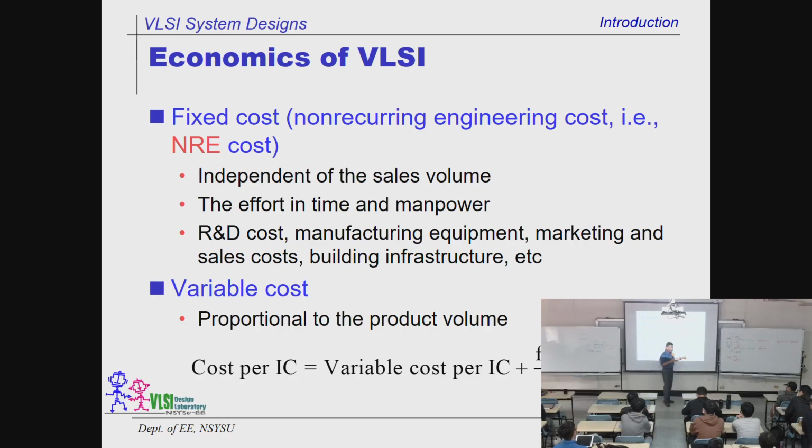If you only sell one chip, then you have to spend $1 million for that part. That's unacceptable. That is why the volume is important. So a lot of IC design houses like to sell ICs that are popular on the market, because the volume will be big. And this is a variable cost per IC.